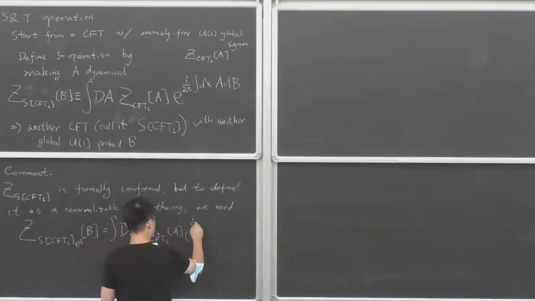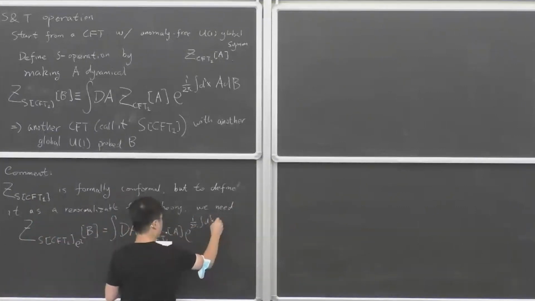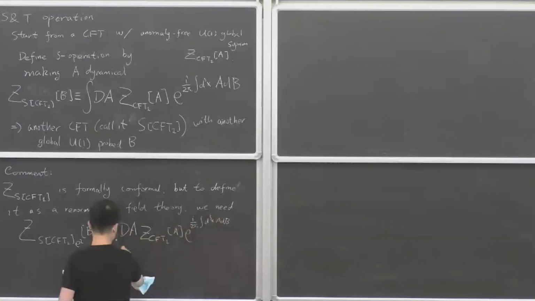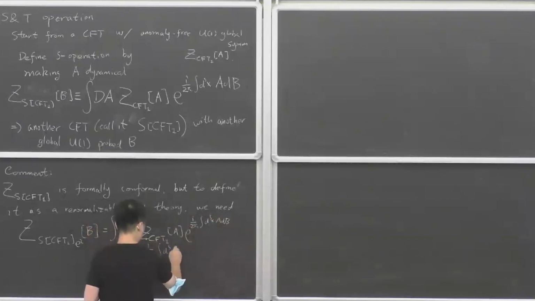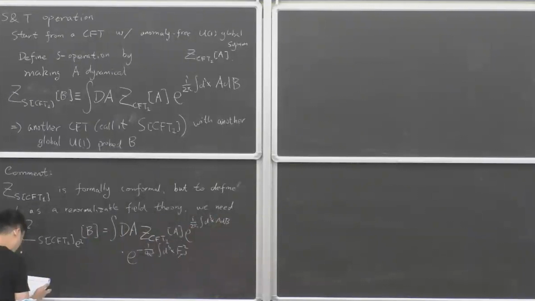So I have this BF coupling, and the Maxwell term. So this is perfectly well defined, except it's no longer guaranteed to be conformal. I mean, the Maxwell term is not conformal. So we lose conformality as a price.